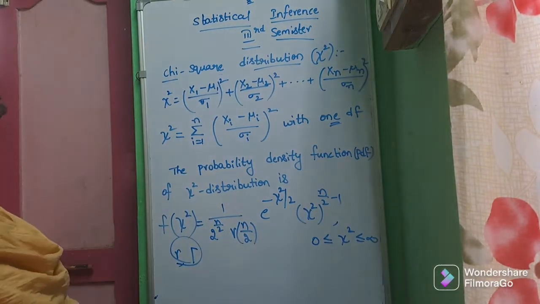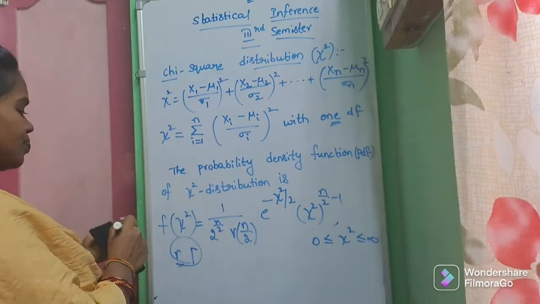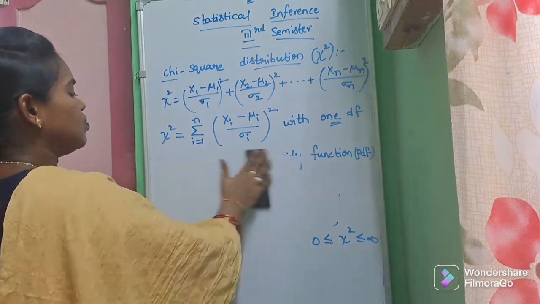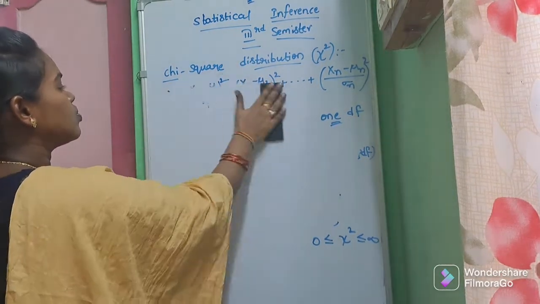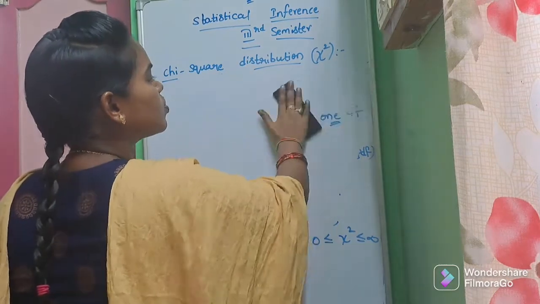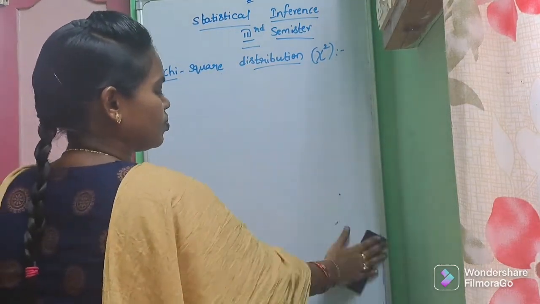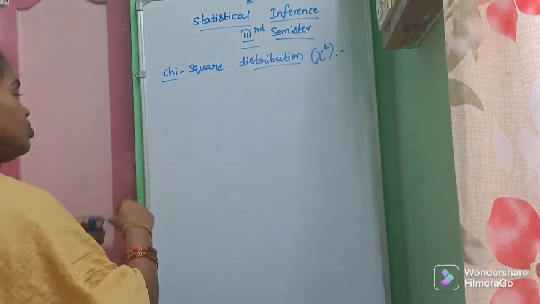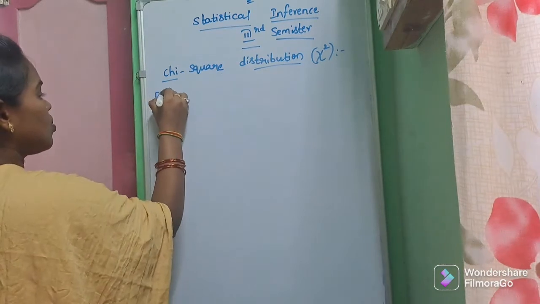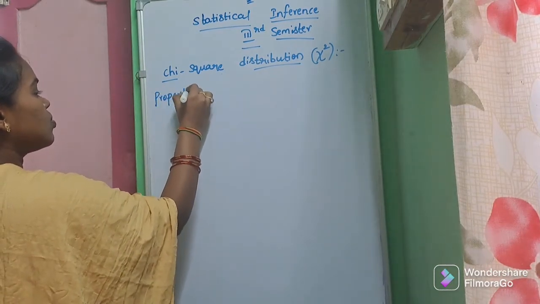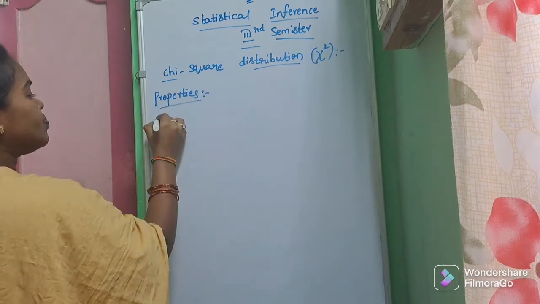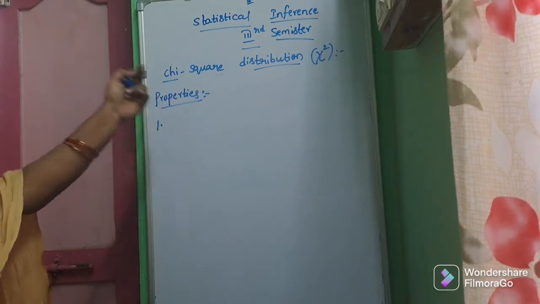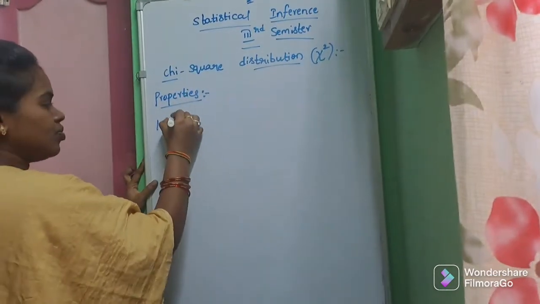Next, we have some properties of the chi-square distribution. What is the first property? The limits for the chi-square distribution are 0 and infinity.